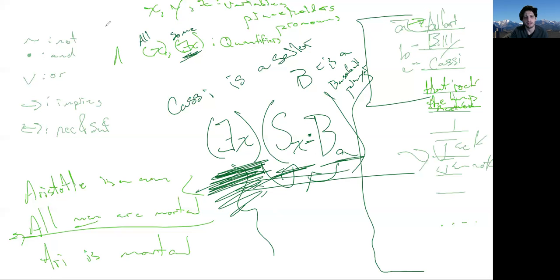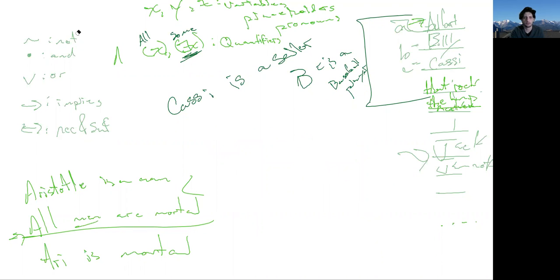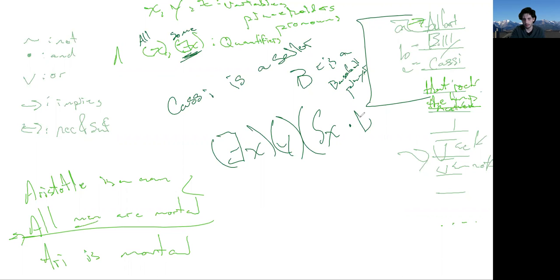Okay. So that's generally how we can combine sentences. Let me do just one more simple example like that. So if I said there exists an x such that for all y, x is a sailor and By. I mean, this is a weird sentence in the sense that nobody talks like this.